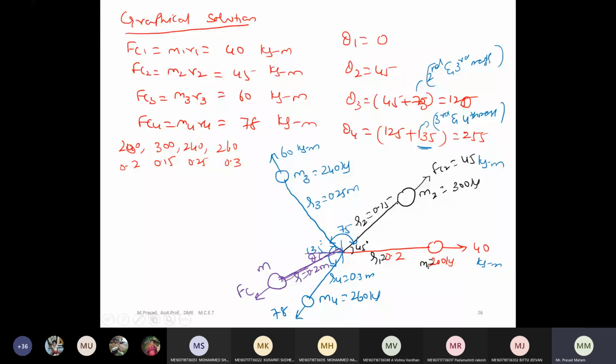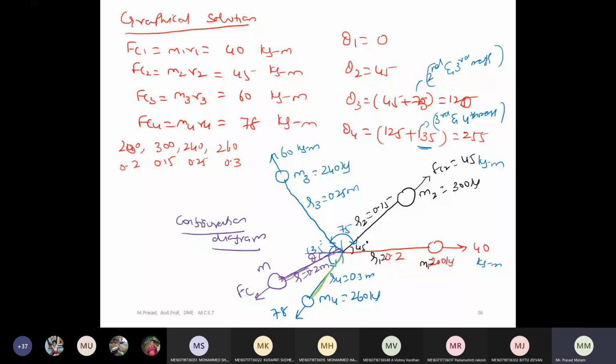So this total diagram we can call the configuration diagram. What I have drawn, I call a configuration diagram. Got it? Four different masses. Let me use one different color for the fourth mass.